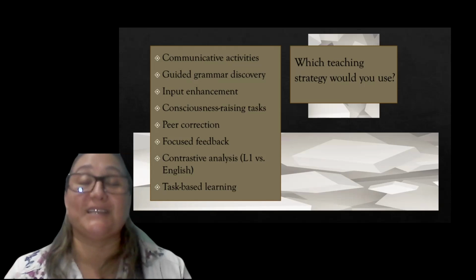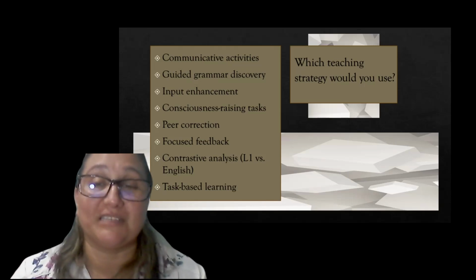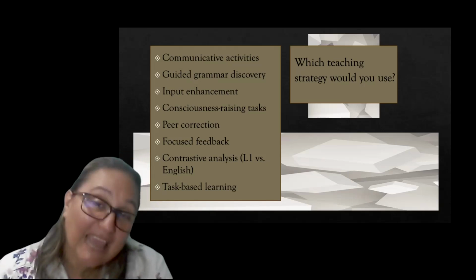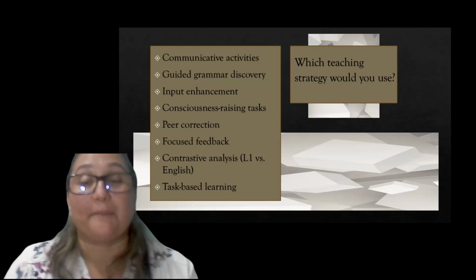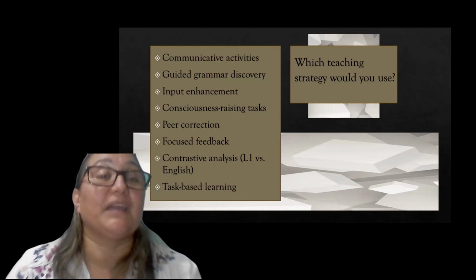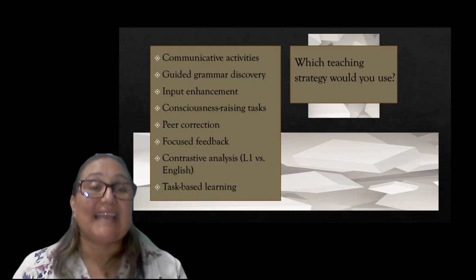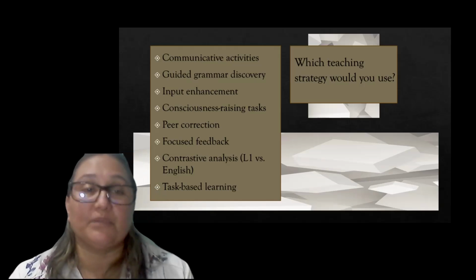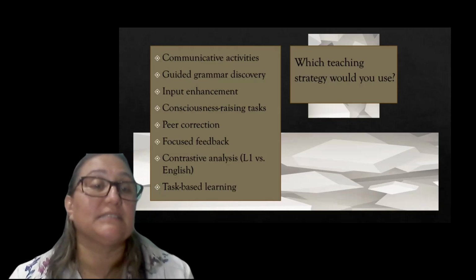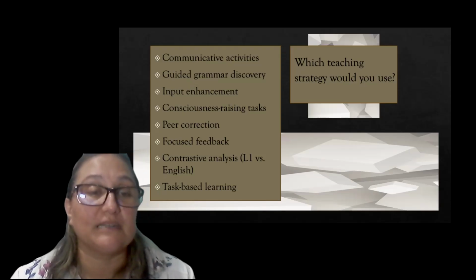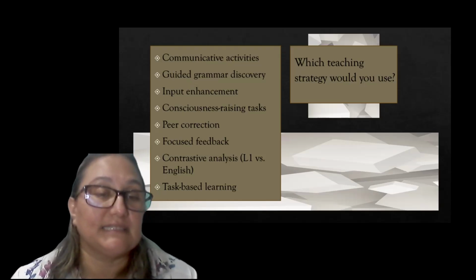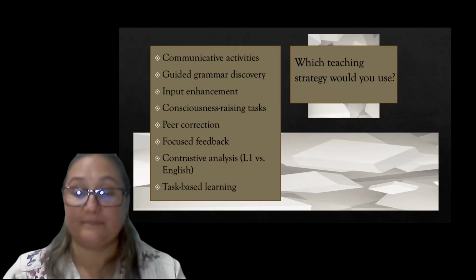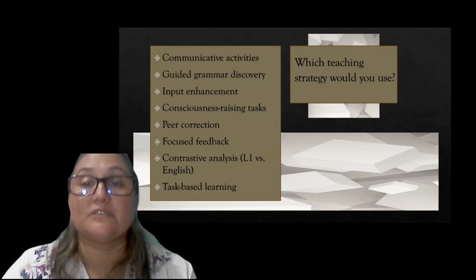Because when we are learning a new language, we sometimes feel embarrassed or ashamed to say it. So let's try to be very easy in that. So we have some community activities: guided grammar discovery, input enhancement, consciousness-raising, peer correction, focused feedback, constructive analysis, and task-based learning. Okay, these are some strategies.